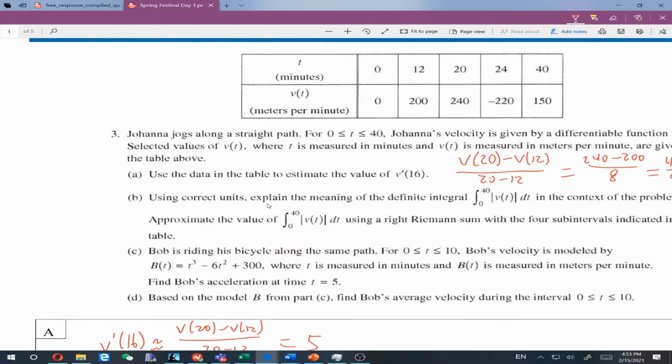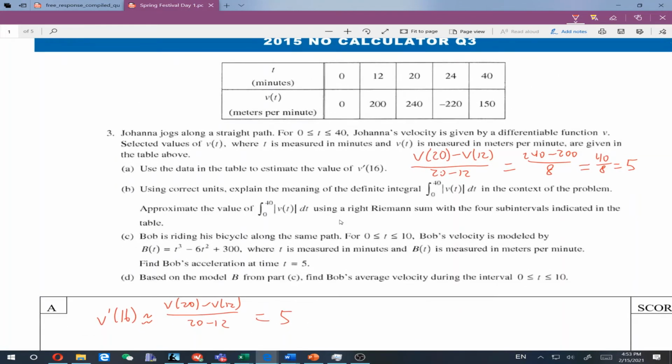Kyle, back to you. What would the units be right now? Perfect. Meters per minute squared.